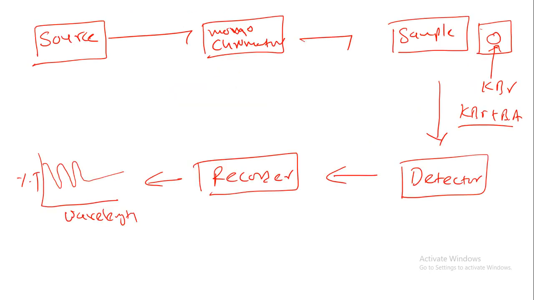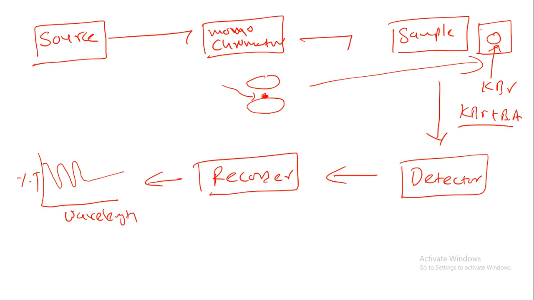Suppose I want to take a graph of aniline. Aniline is a liquid sample.